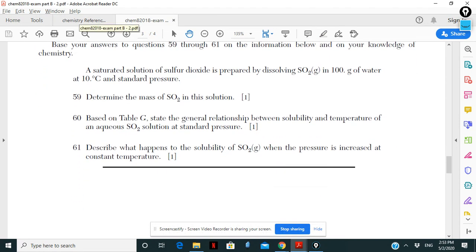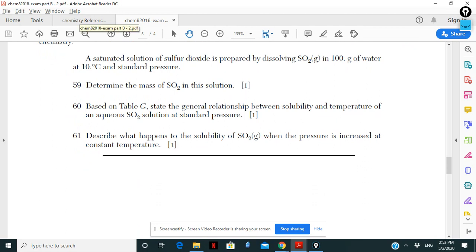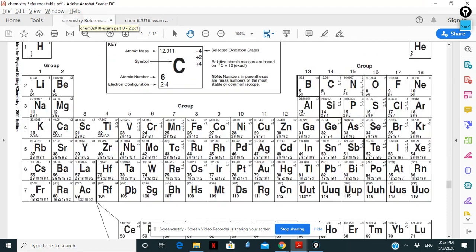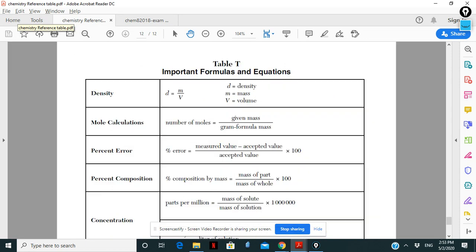A saturated solution of sulfur dioxide is prepared by dissolving sulfur dioxide in 100 grams of water at 10 Celsius and standard pressure. Determine the mass of sulfur dioxide. So I'm going for the chart.